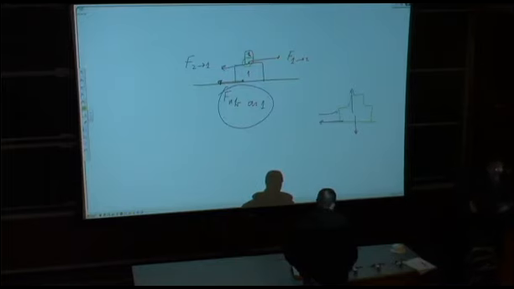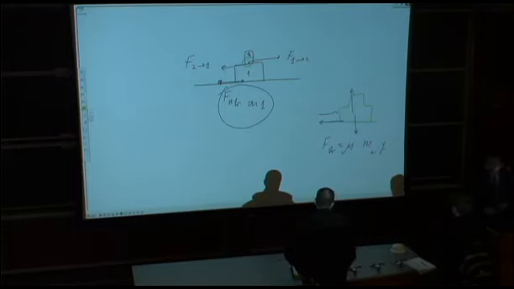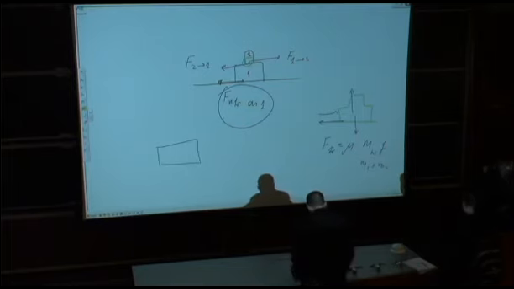If we do it like this, the force of friction will be equal to the coefficient times the total mass times g. This is the total mass, 1 plus 2. For this diagram, that's what I said today.